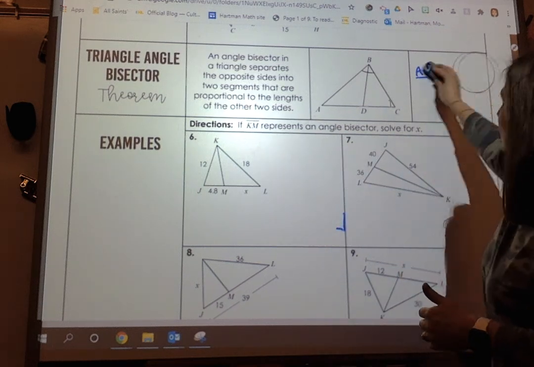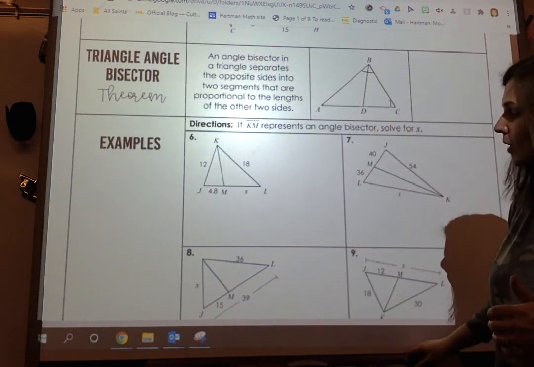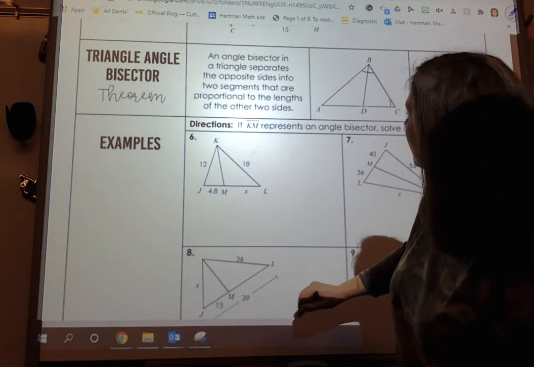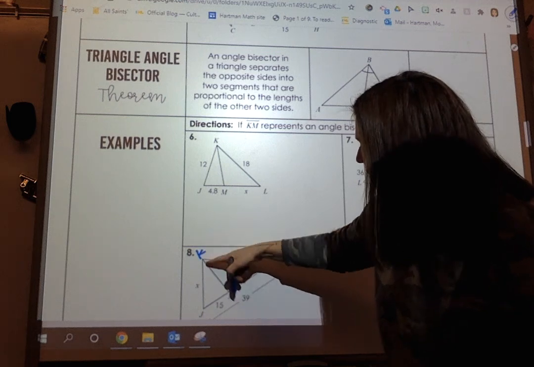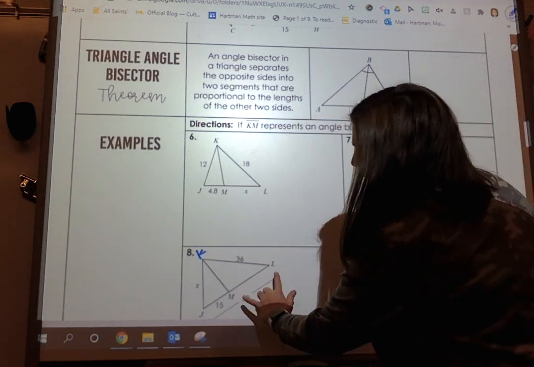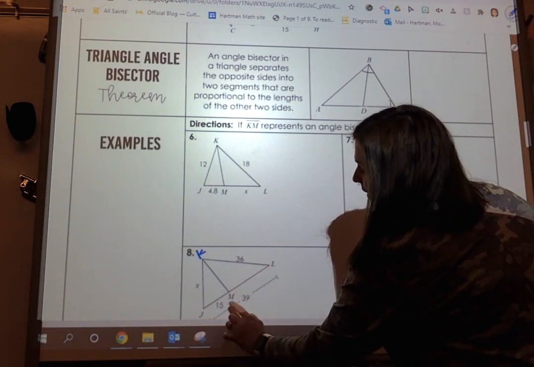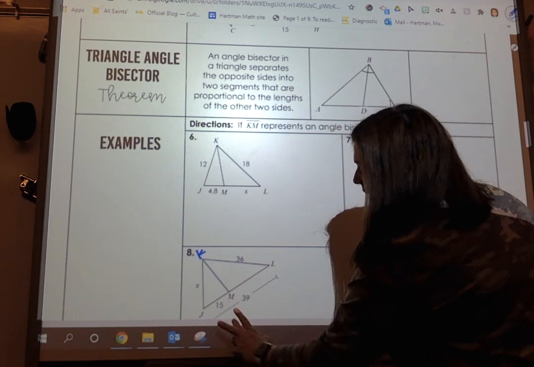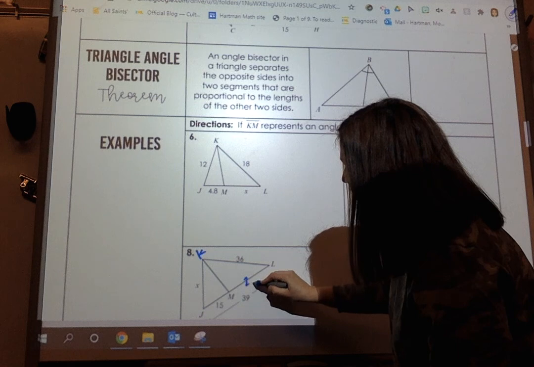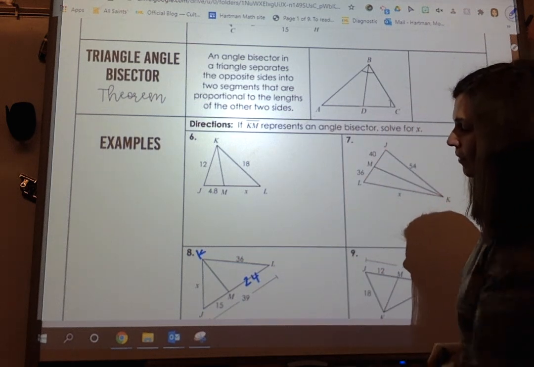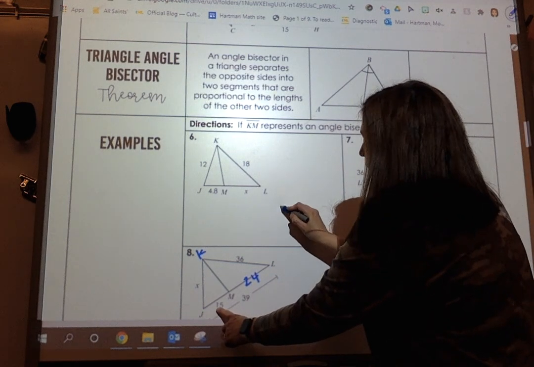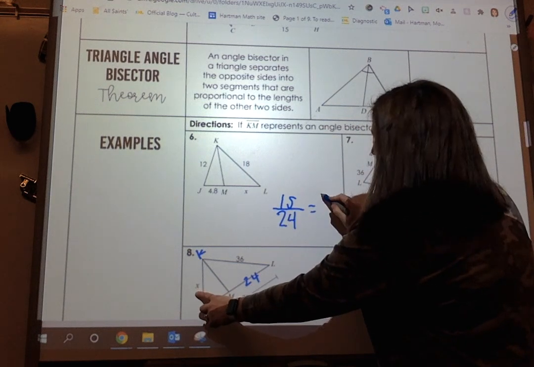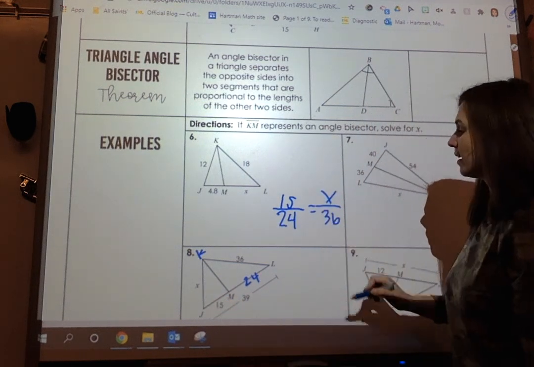Let's look at number 8. Here's my angle bisector. KM is my angle bisector. Now I don't have this length, but I can find it. If I know that JL is 39 and JM is 15, I know that this guy is going to be 24. So now I can set my proportion 15 over 24 equals x over 36.